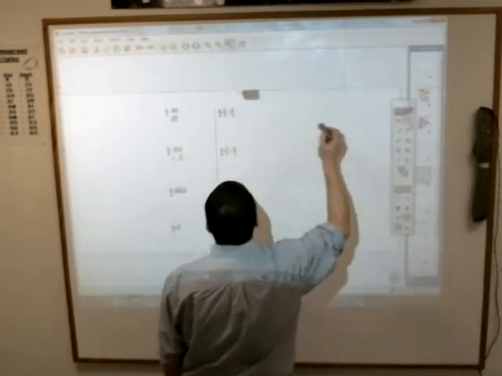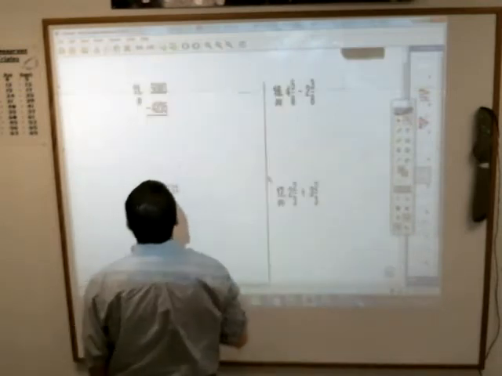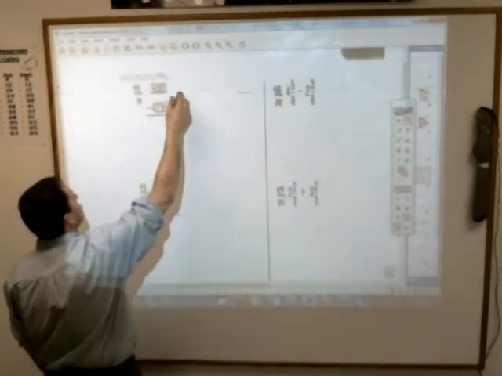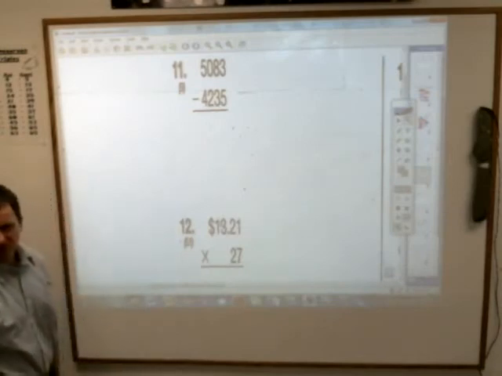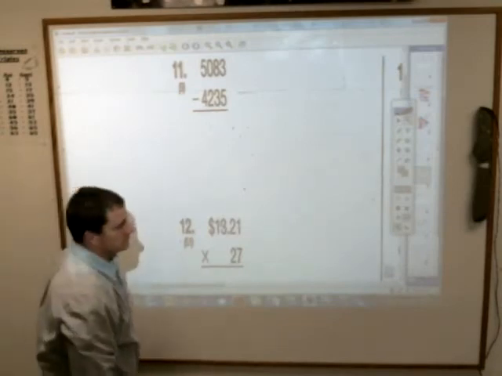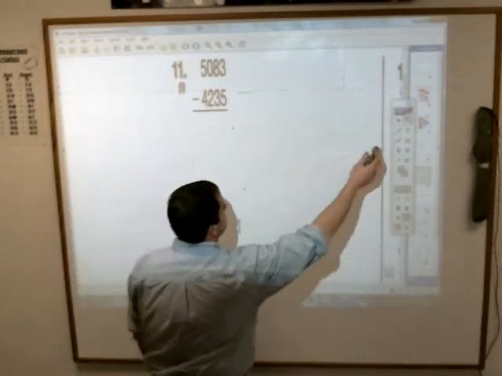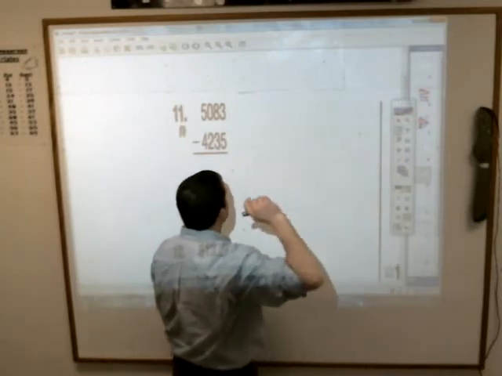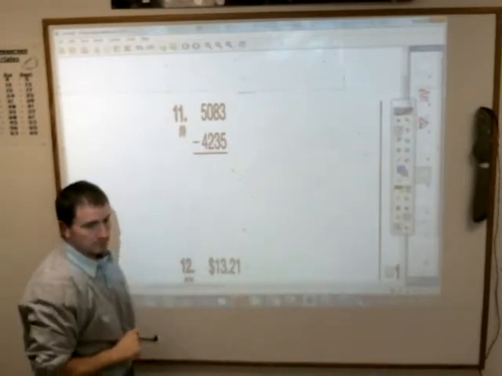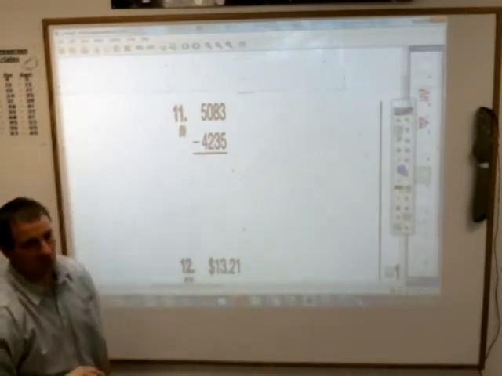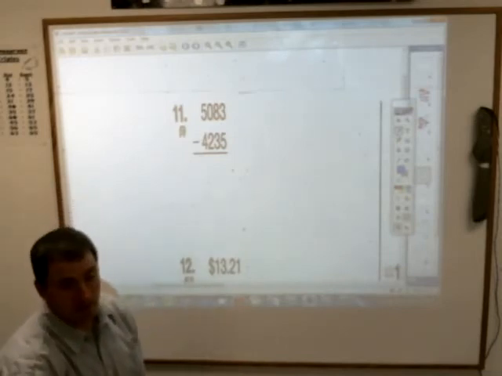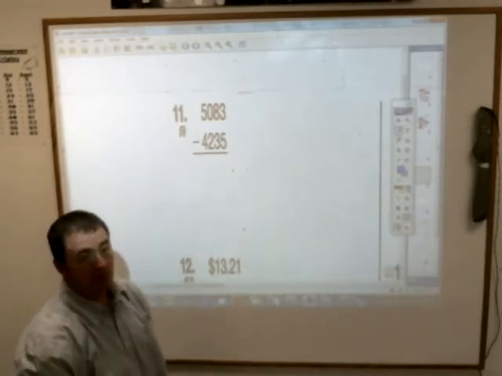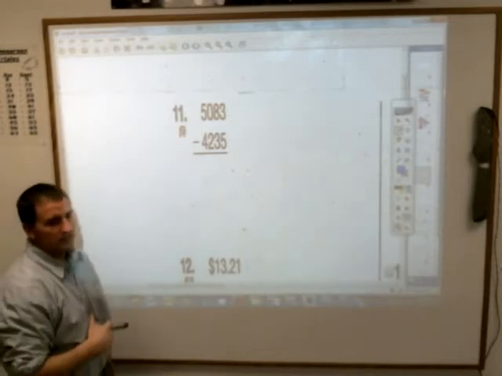There's number 11. Let's take a look here. Oh, I always love subtraction problems. So, Gary, what did you do? Borrow from who? First of all, did you try this one twice on your own, or no? Just assume that there's no possible way you could have done something wrong the first time. Oh, we already got it?